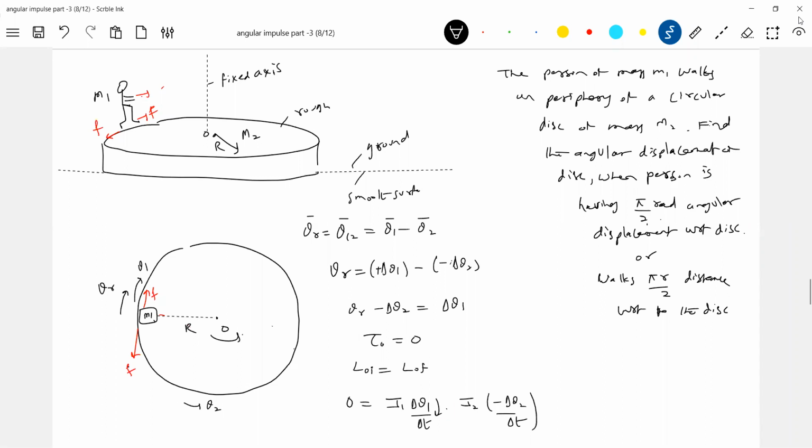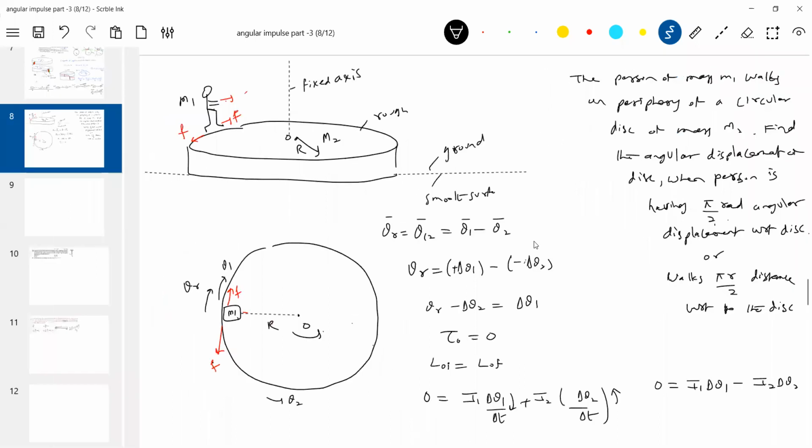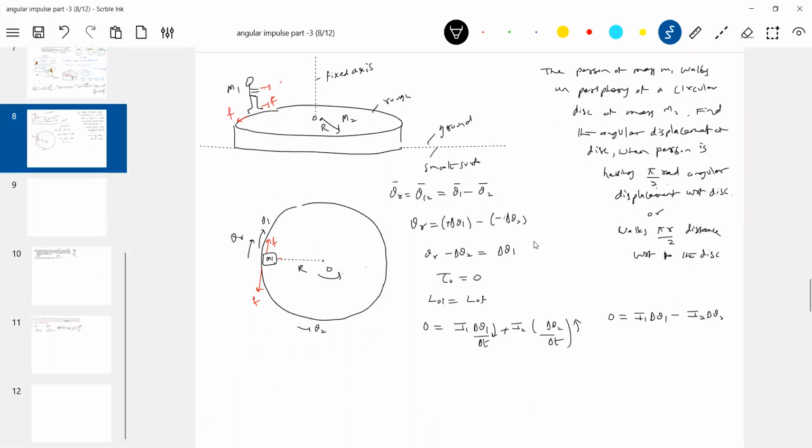Or if you are getting confused, do it like this. So this will be 0 equal to I1 delta theta 1 minus I2 delta theta 2. So that is the angular displacement of the person that we have just brought in. Just like all the ideas we have had, we are utilizing it in a systematic way, nothing big.